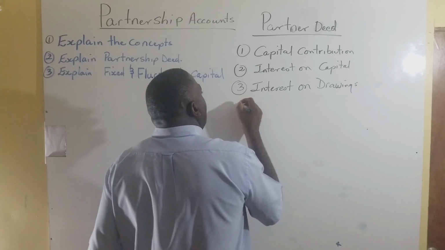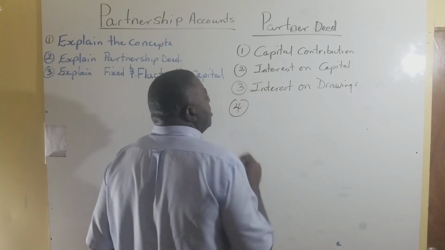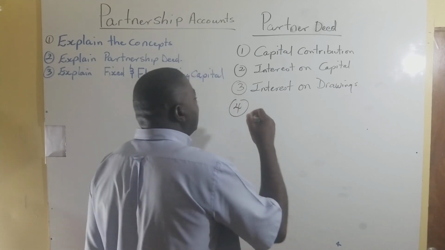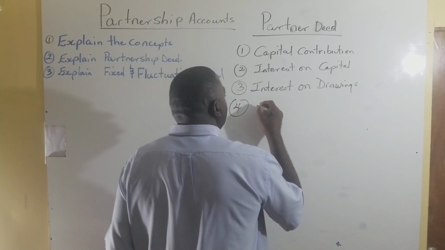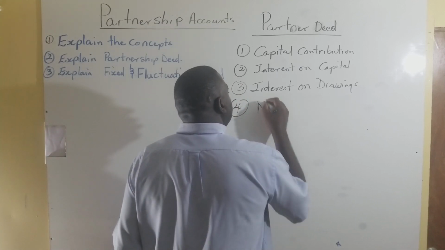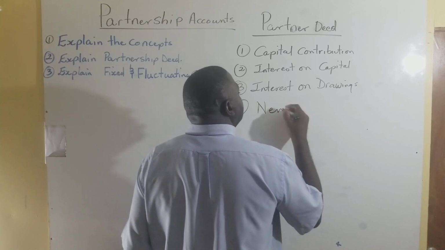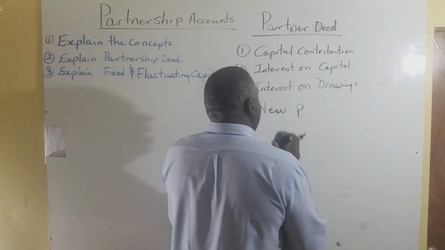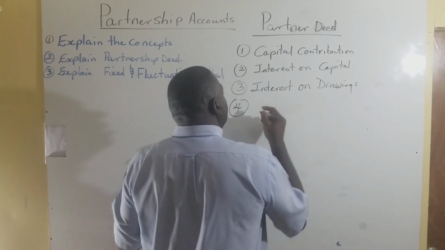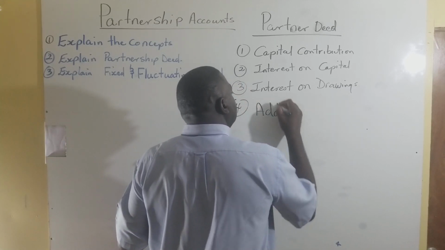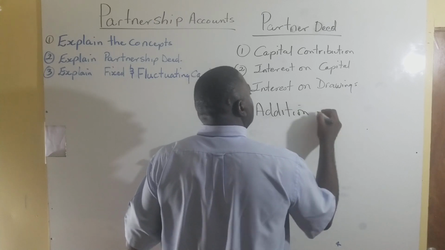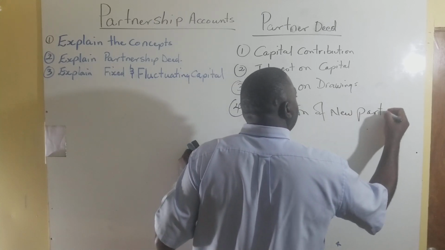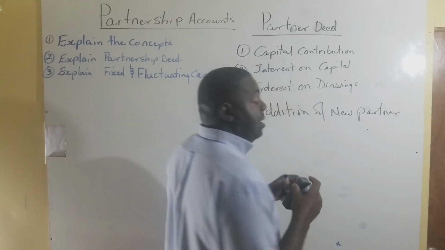Now, number 4, the business also will have to establish guidelines in relation to adding new partners. So let me put it this way: addition of new partner. What are the rules governing the addition of new partners?